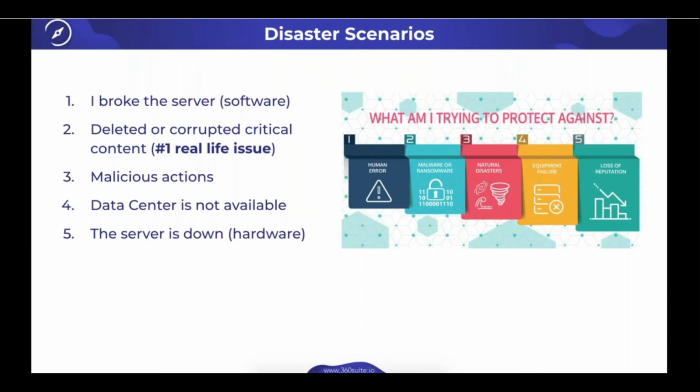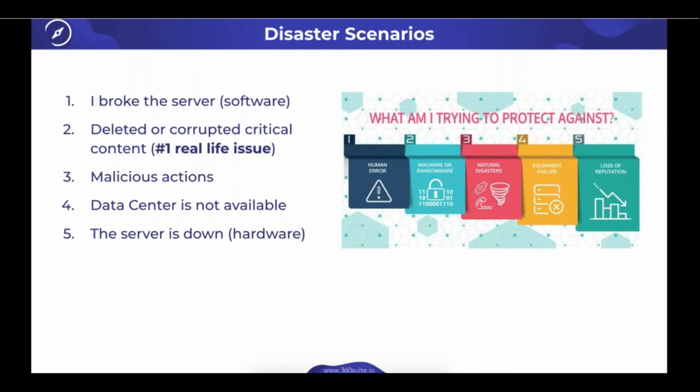And 90% of malware comes from emails. So when you think that almost $4 billion are spent in the US in terms of the cost of data breaches and malicious actions, that's definitely something to consider and bear in mind. Data center is not available, and we've had this occasion happening, unfortunately, where one of the data centers caught on fire.